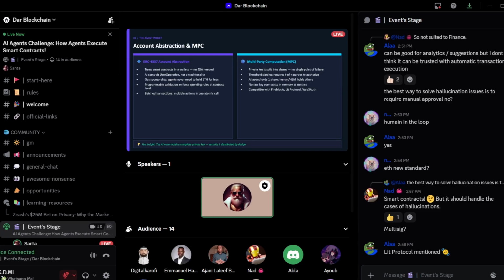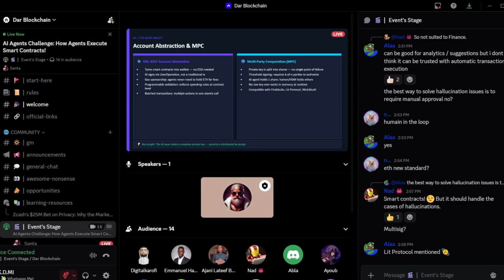Okay, so to summarize segment one, which is MPC and ERC-4337: the agent's wallet is a smart contract. It's not a plain wallet, okay? It is a smart contract with programmable rules, so it differs from a person's wallet. It's very different, because the wallet right now is a smart contract, and when we say a smart contract, we say programmability.